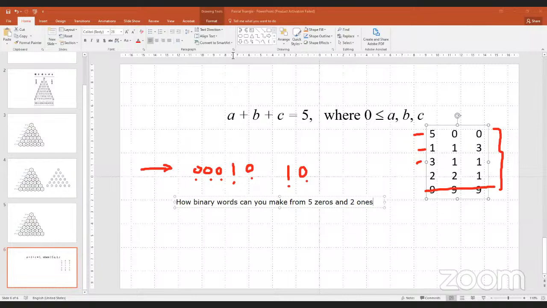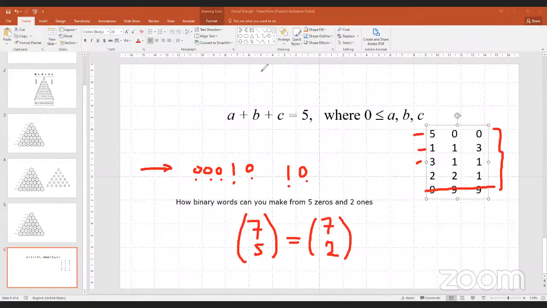Now we know the answer. That is 5 zeros, so the total is 1, 2, 3, 4, 5, 6, 7. So that is 7 choose 5, which is the same as 7 choose 2.